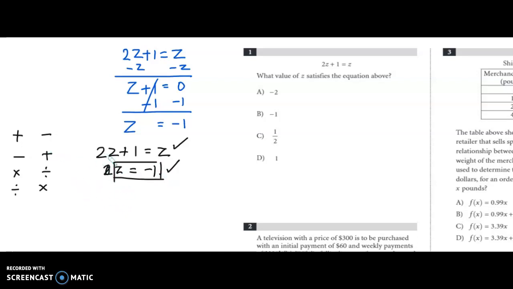First of all, whenever you solve, you have to get only z on one side, and everything else you have to send to the other side of the equality. For example, in this question 2z plus 1, you have to get all the z together, all the variables together.